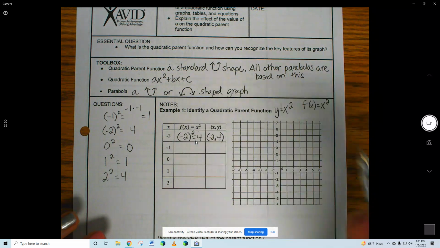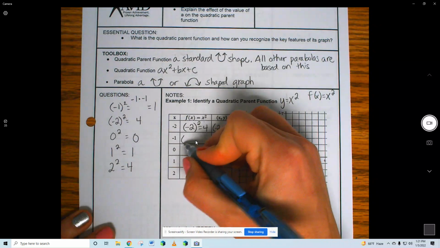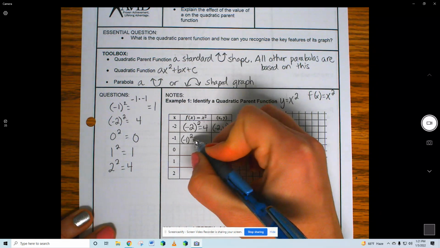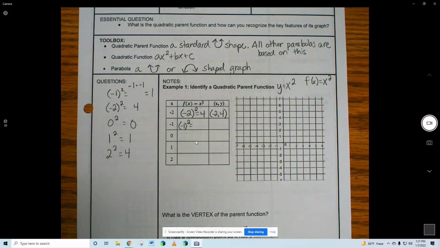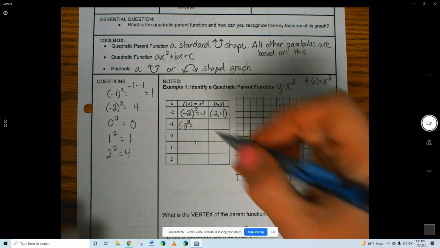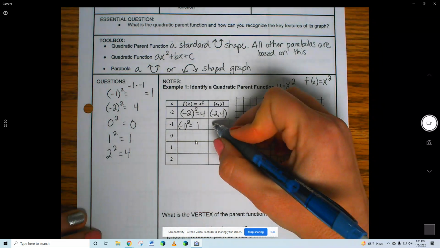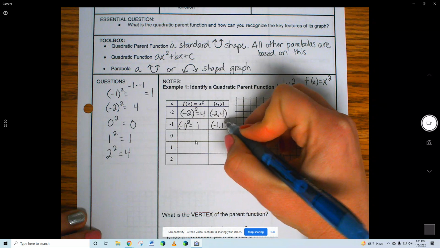Okay, plug in -1 for x squared. -1 squared. That means -1 times -1. +1. And my ordered pair would be -1, 1.